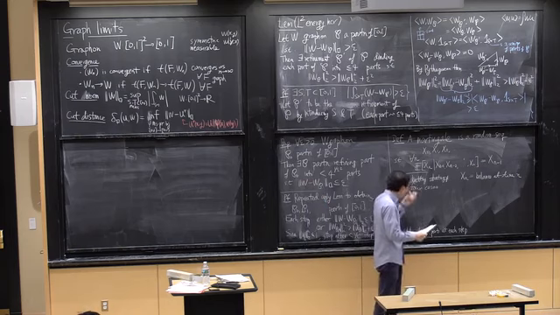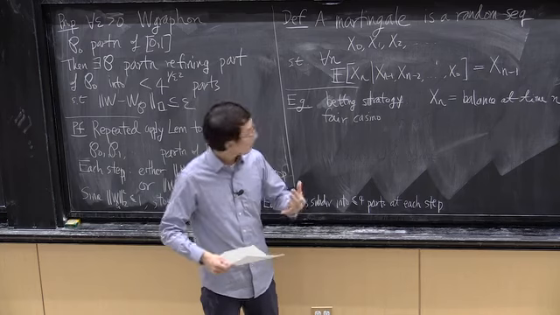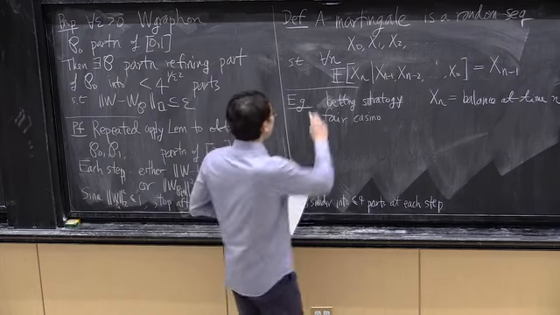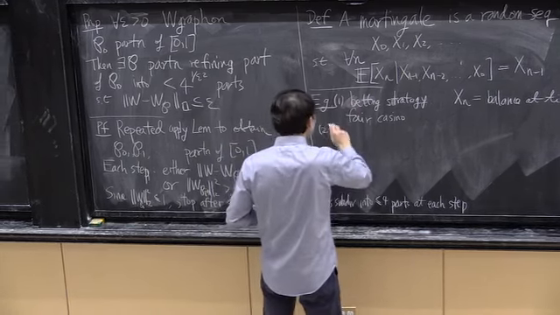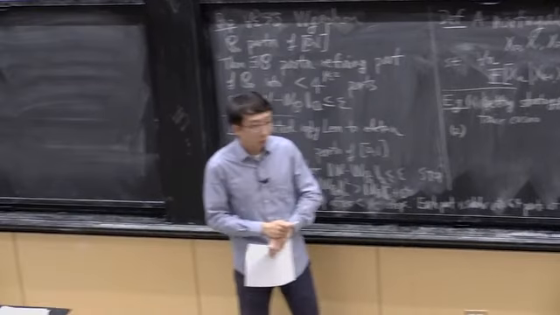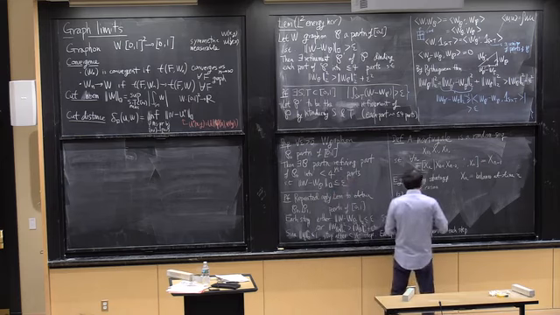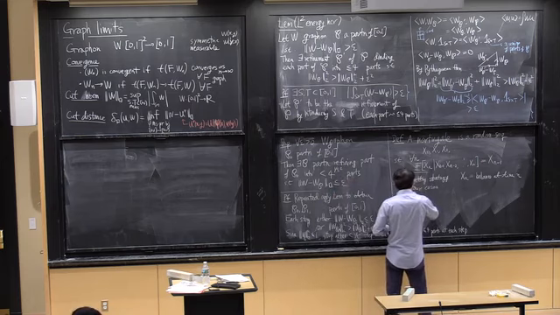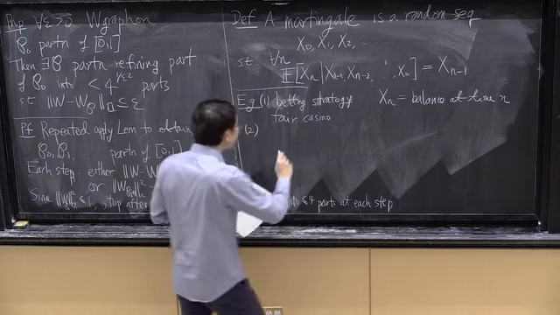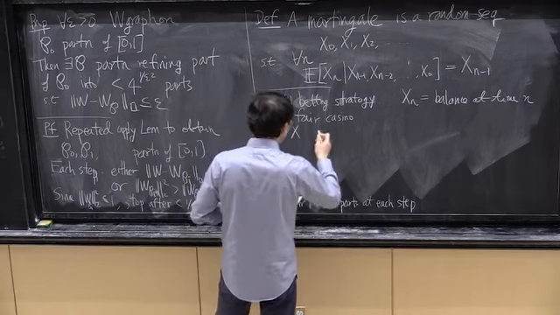So here's another example of a martingale, which actually turns out to be more relevant to our use. Namely, suppose I have some hidden random variable x.